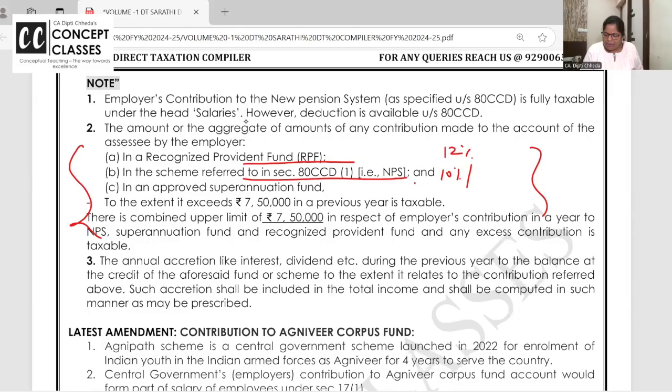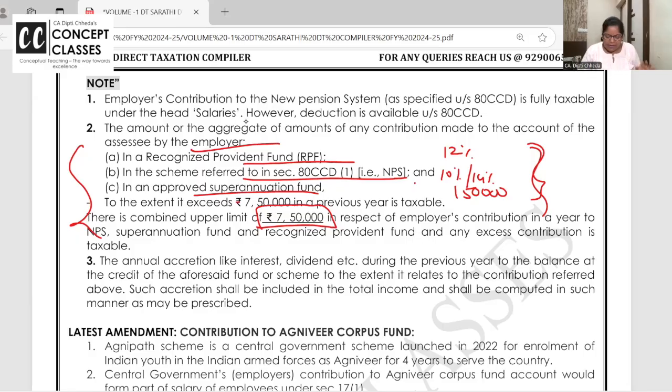The employer can contribute 10% to the National Pension Scheme, or 14% if it is the central government. The employer can contribute to RPF 12%, and to the superannuation fund 1,50,000. But all this put together, the upper limit should not exceed 7,50,000. If it exceeds 7,50,000, the remaining will become taxable.